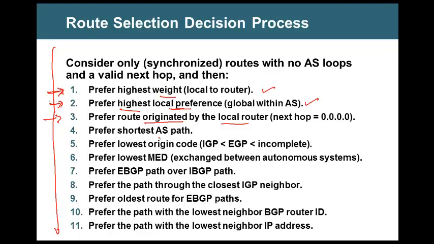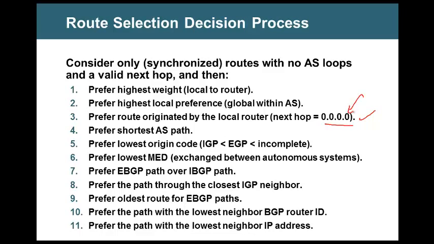That remote can be within the same autonomous system, or it can be from external, the other autonomous system. And most people confuse themselves with this one and this one because both say origin, but they are not the same, they are different. This is what we just now talked about. Locally originated, there is no next hop.